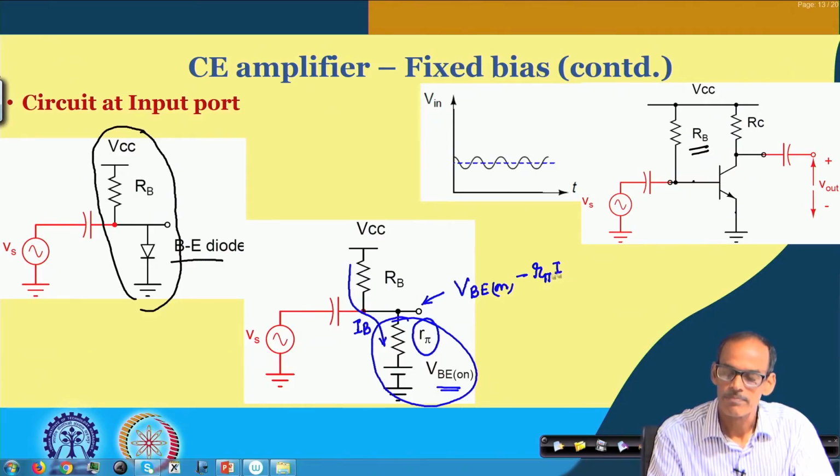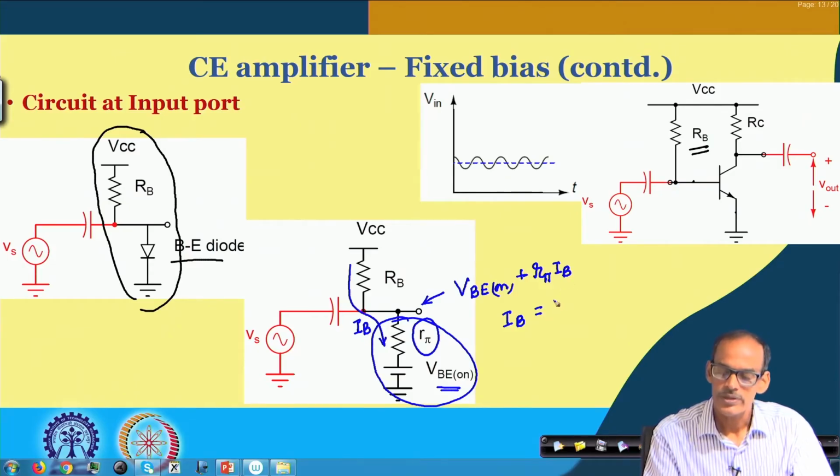And this IB, on the other hand, can be obtained by considering this loop. So, that is VCC minus VBE on divided by RB plus R pi.